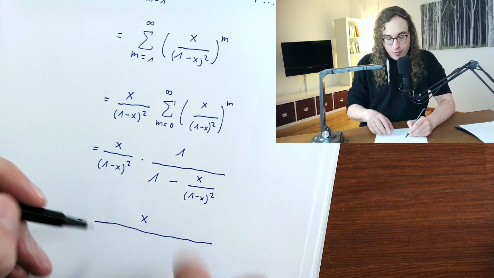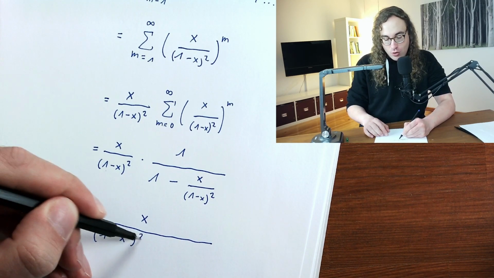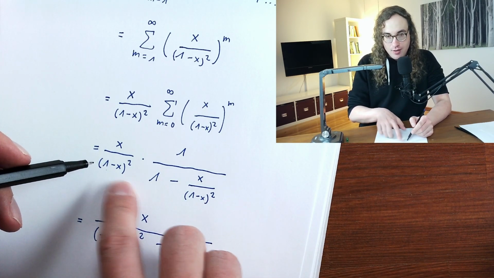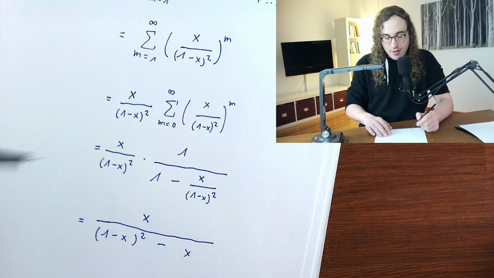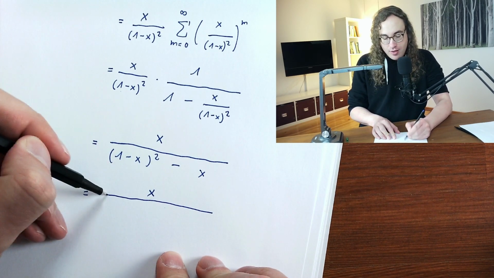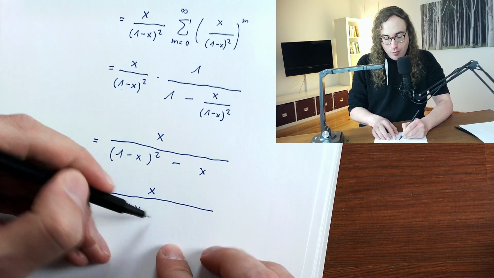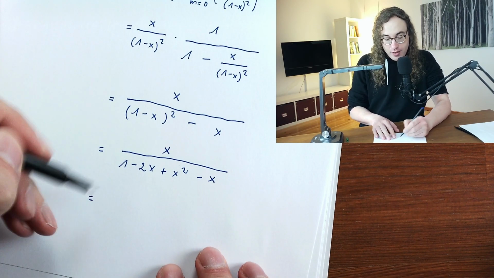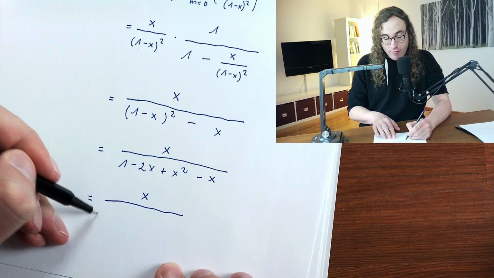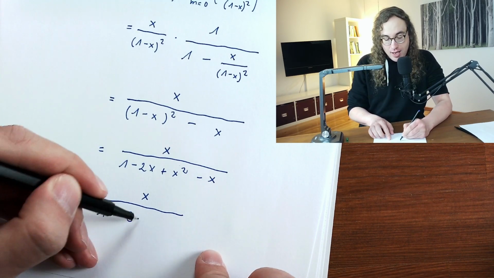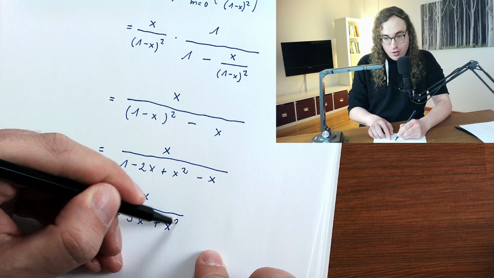Then I multiply this with 1, so I get 1 minus x squared minus, and now I multiply this with this, which just cancels this denominator, so I get x. Okay, so I can simplify this. This is 1 minus 2x plus x squared minus x. And this is x divided by, so I have 1, and then I have minus 2x minus x, so I have minus 3x plus x squared.